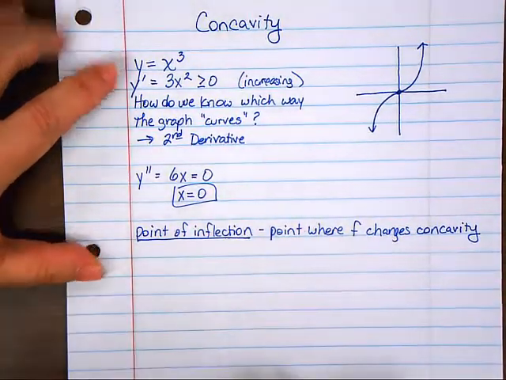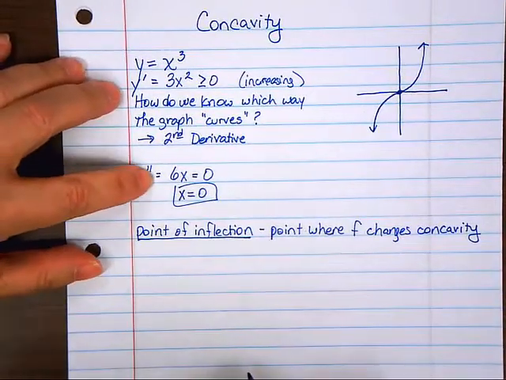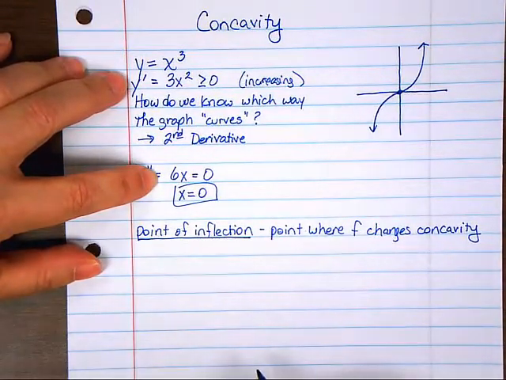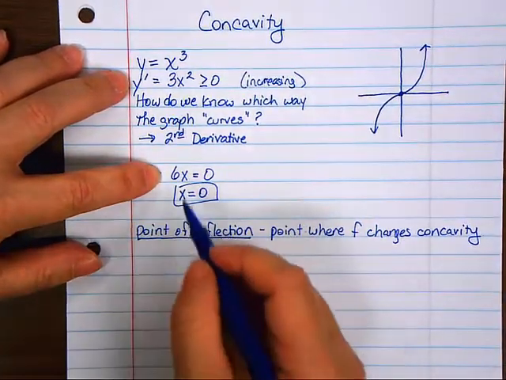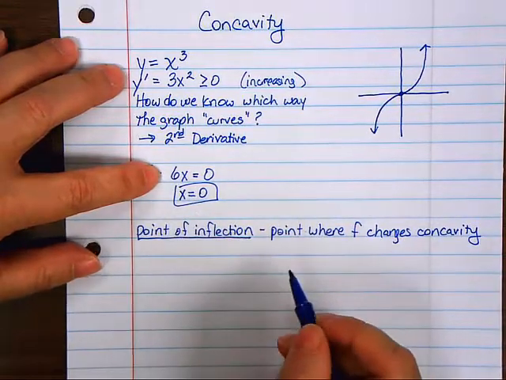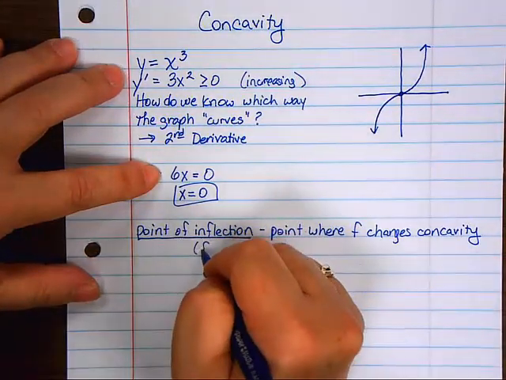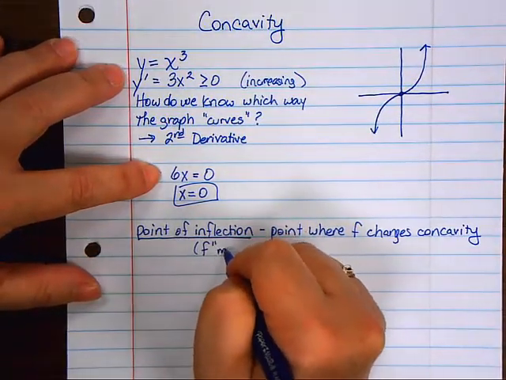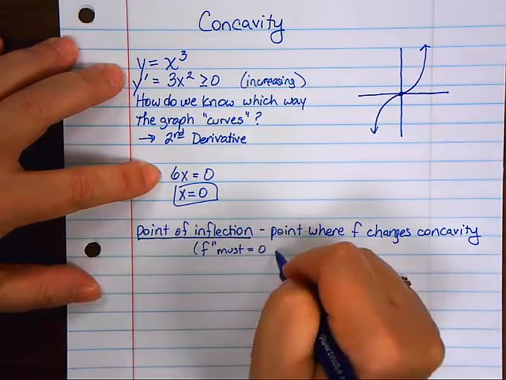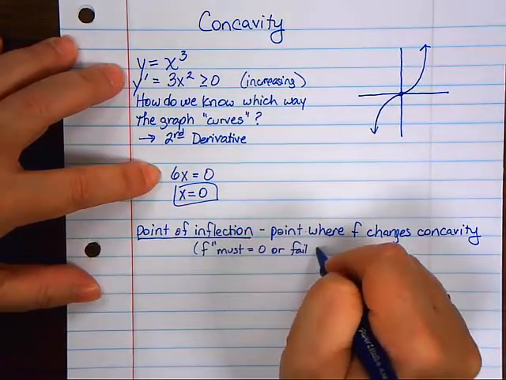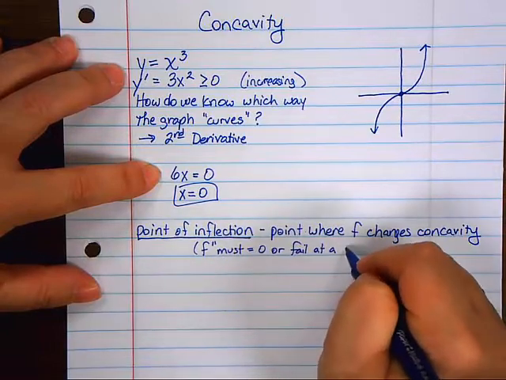Now I've kind of got ahead of myself a little bit, but that's okay. Take a look at this derivative again. Does this derivative ever fail? No. It doesn't fail because there is no denominator in there for x. So f double prime must equal 0 or fail at a POI.